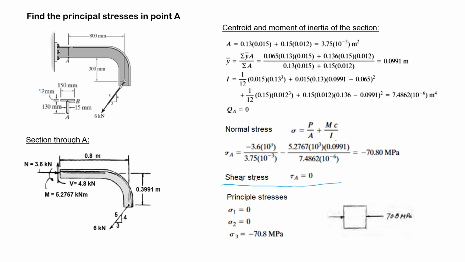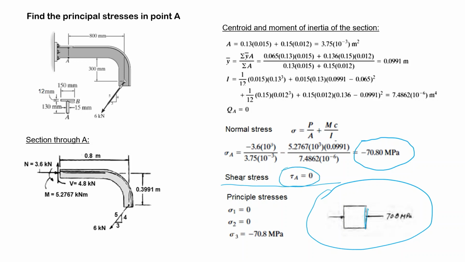So, calculate the principal stresses. You see, well, you can easily write that the stress state in point A is minus 70 and 0 tau. So this is this surface, and it has a very simple stress state. Well, this minus 70 is also a principal stress. Why?